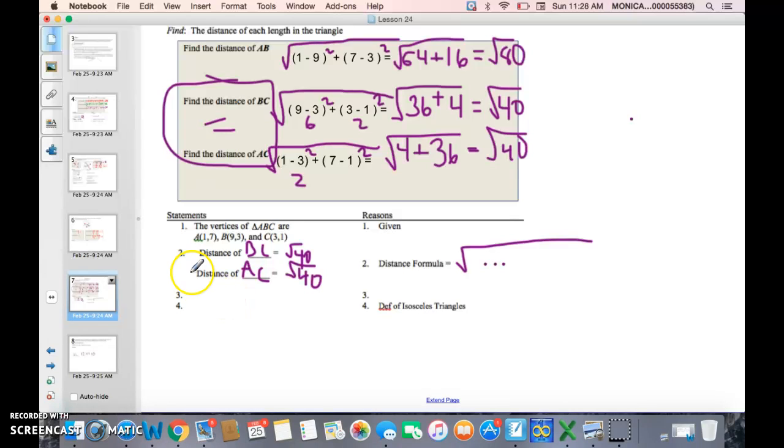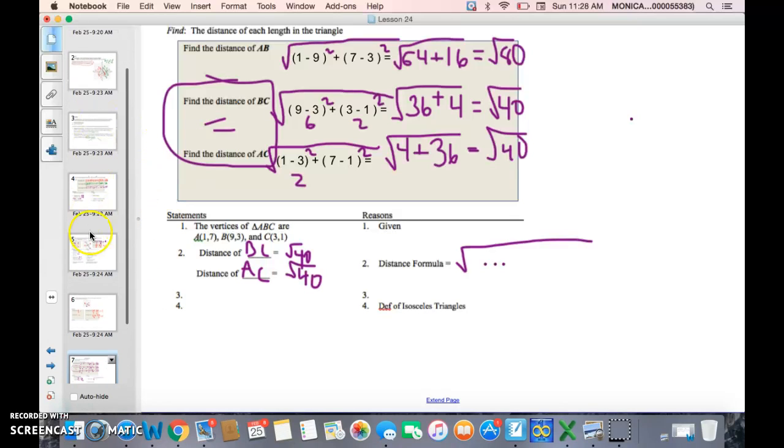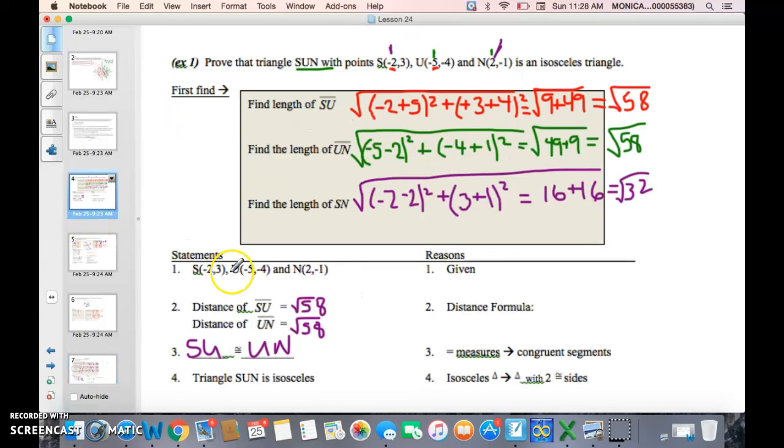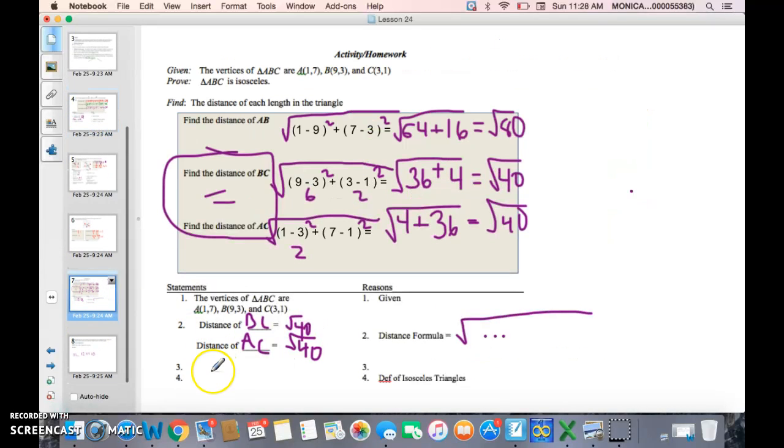All right, and then number 3, after I've proven the distance, well, I don't remember what to do here. So I'm going to come back to my example problem here and check out what it was. Oh, so I say the two side lengths are congruent because equal measures equal congruent segments. So I'm going to come back and do that here.